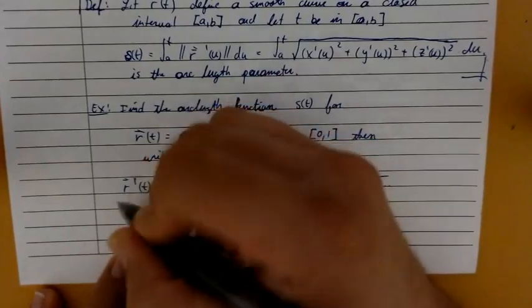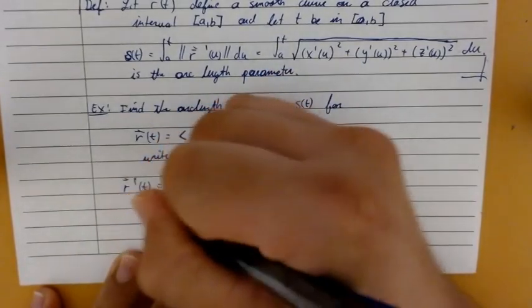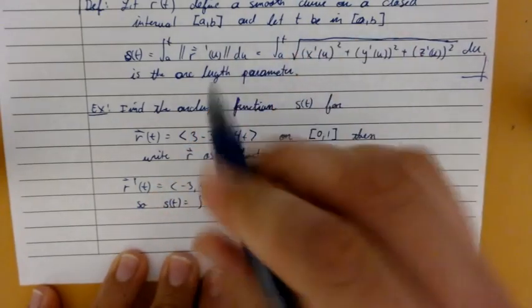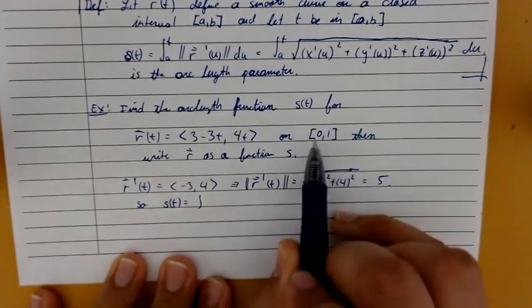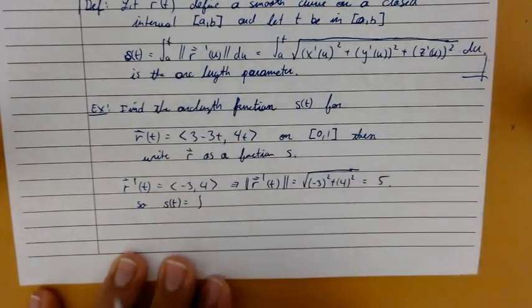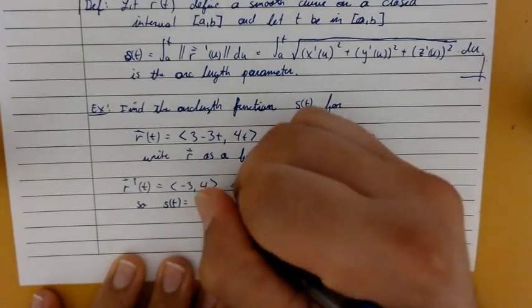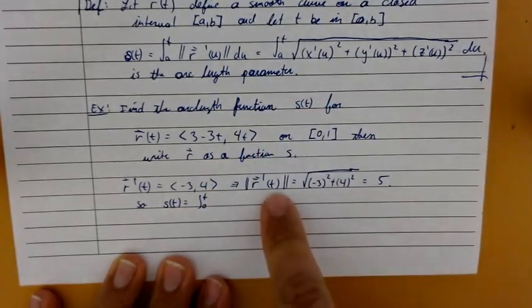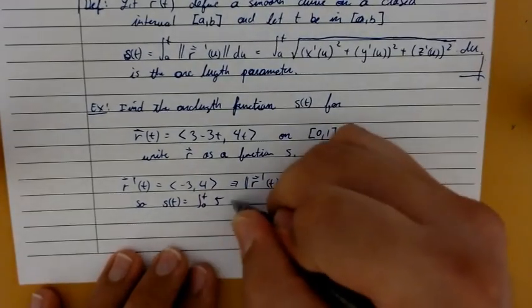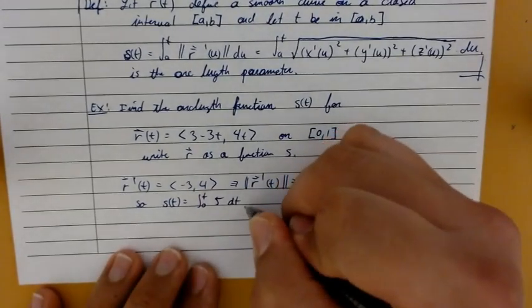So that means that our arc length function s of t is defined as the integral from the beginning of the interval up to some value t, where t is somewhere between 0 and 1. So from 0 to t of the magnitude of that derivative, with respect to t.